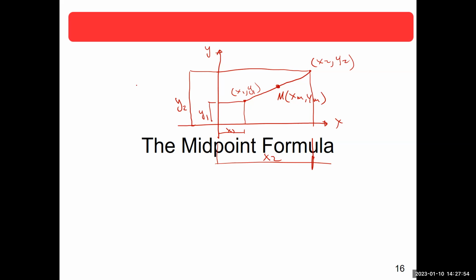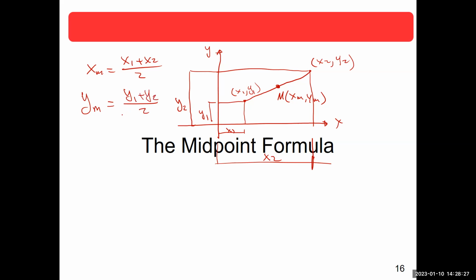Well, that's pretty easy. We don't need to go very heavy duty on calculation. It is simple. It is the average of the x's and the average of the y's. So xM equals x1 plus x2 over 2, yM equals y1 plus y2 over 2.